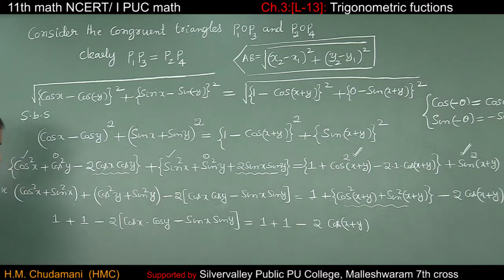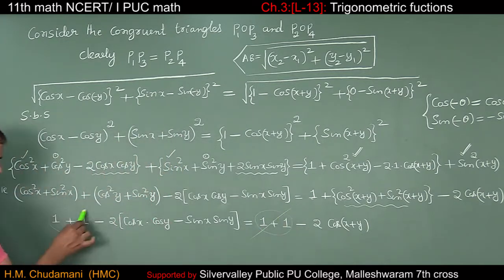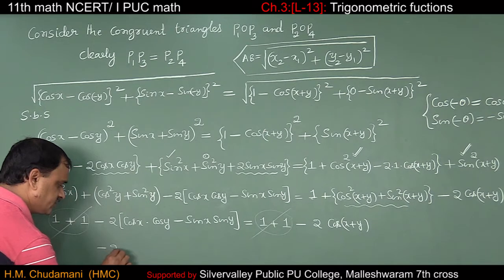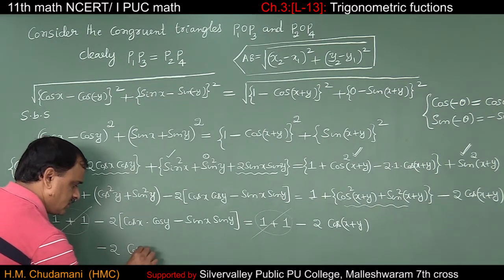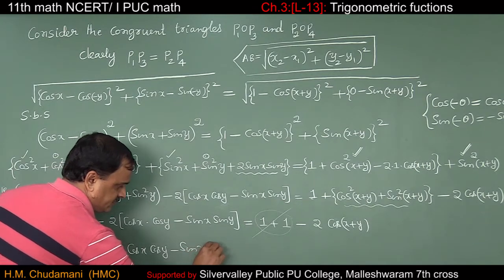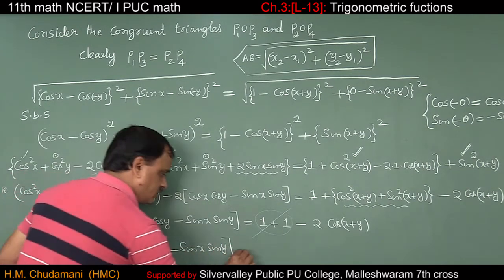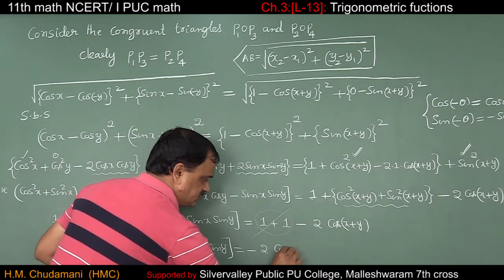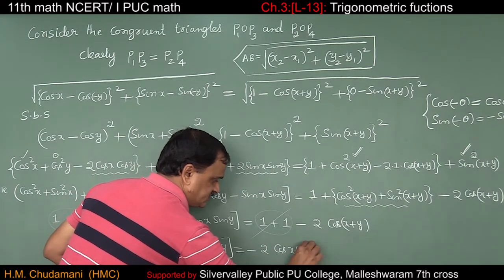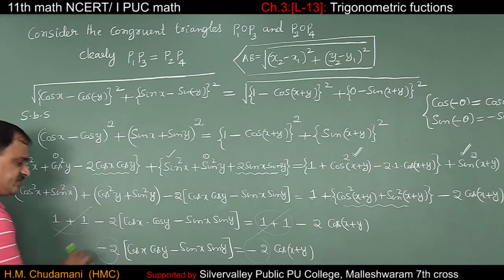Okay, see here, 1 plus 1 is 2, here 1 plus 1 is 2, so 2 and 2 get cancelled. This side means minus 2 times cos x cos y minus sin x sin y is equal to minus 2 times cos of x plus y. Here we have minus 2, here also minus 2 we have.